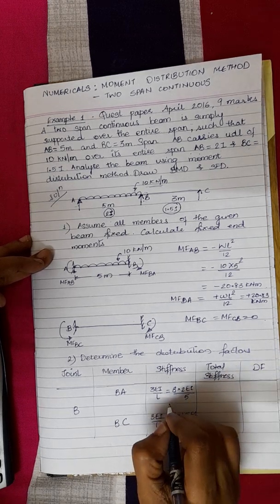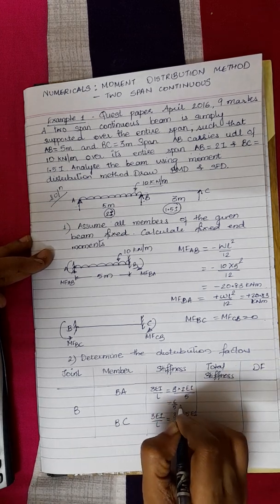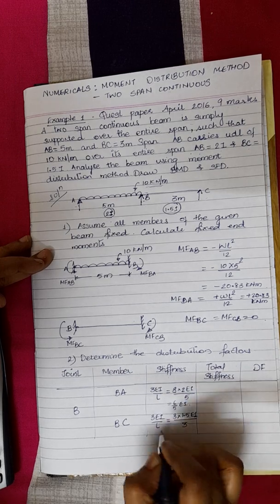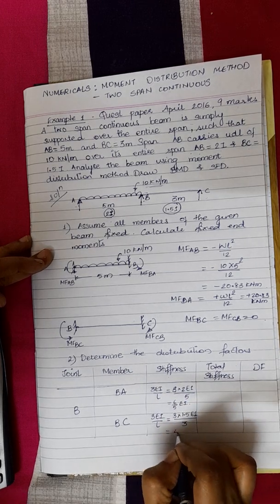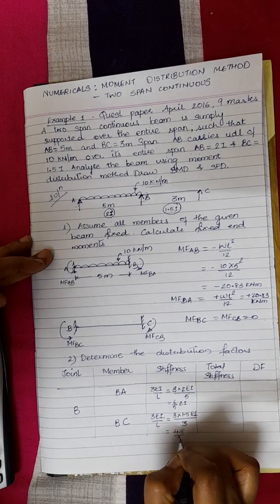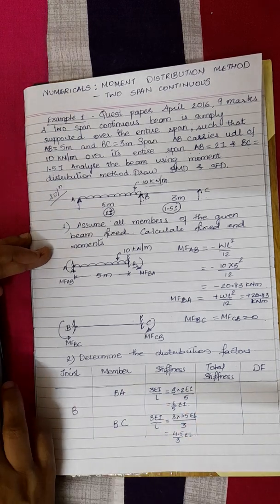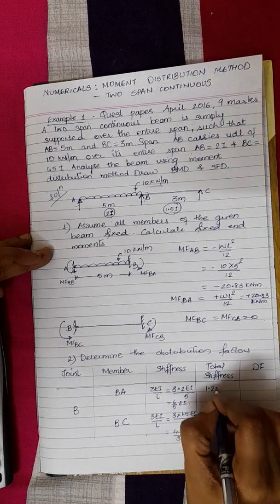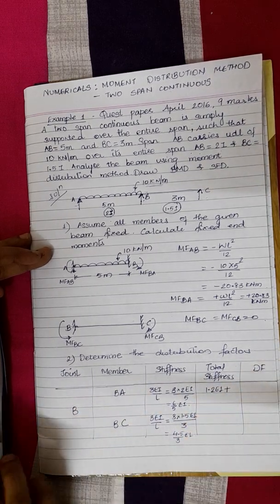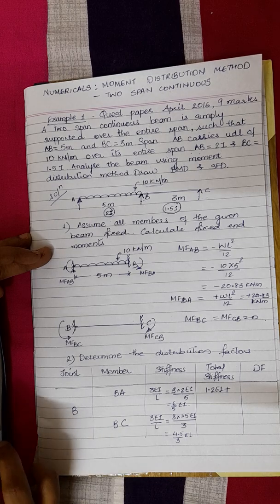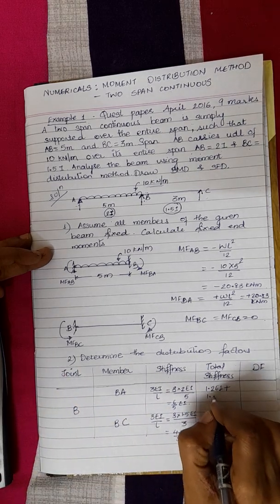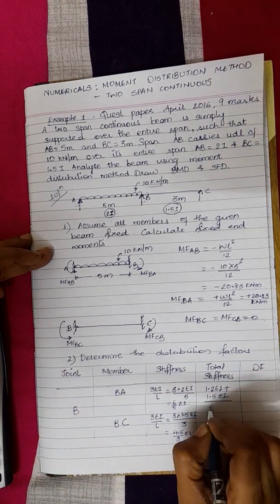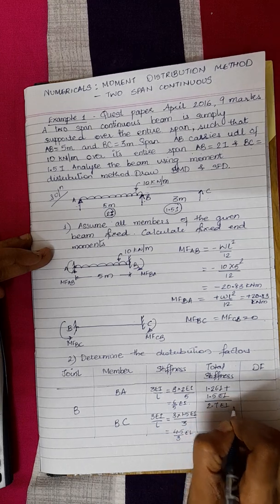This is 6 divided by 5 EI, which is 1.2 EI, and 4.5 by 3 EI, which is 1.5 EI. The total is 2.7 times EI.